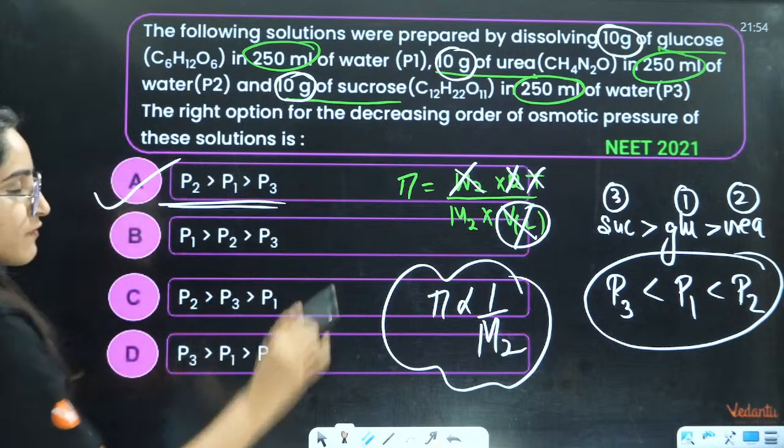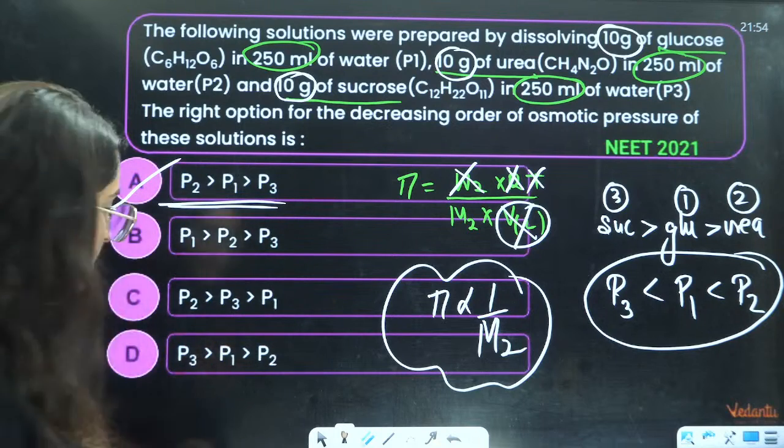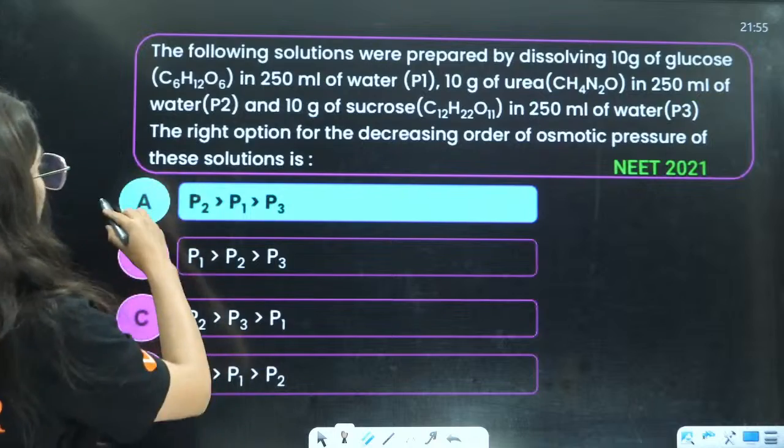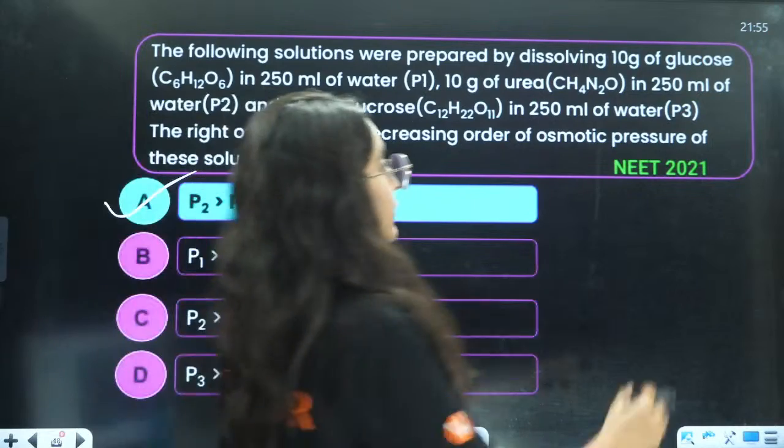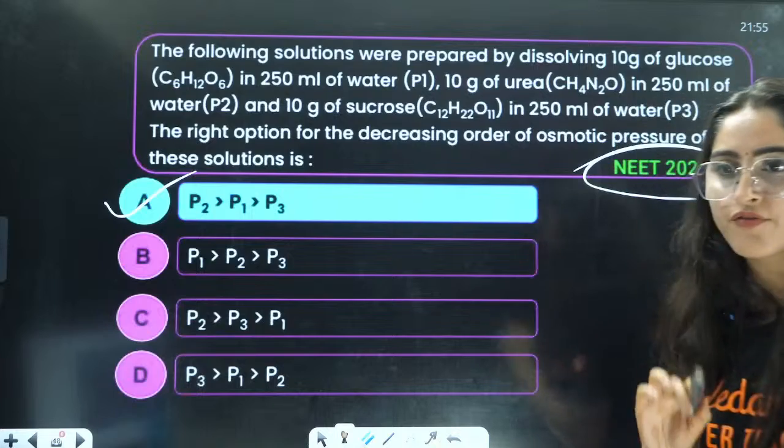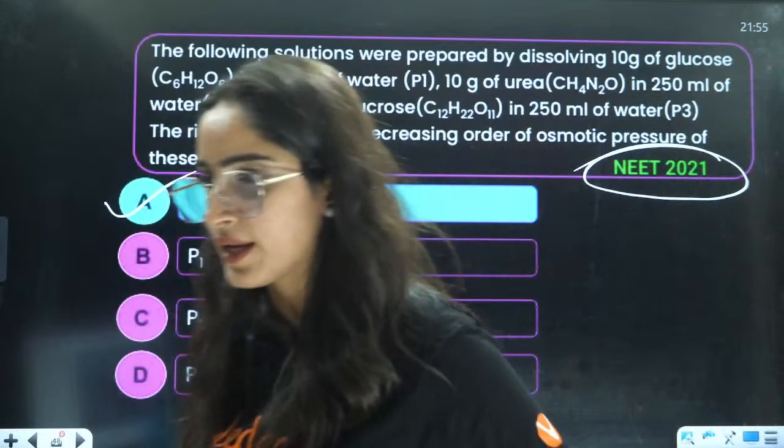That means A will become the correct answer here. This is a NEET 2021 question and it is a very simple question.